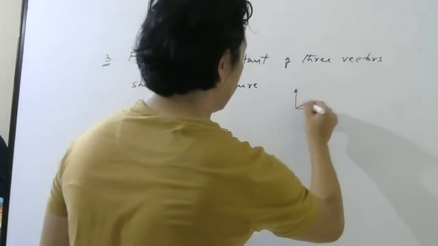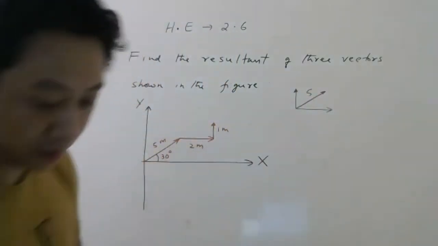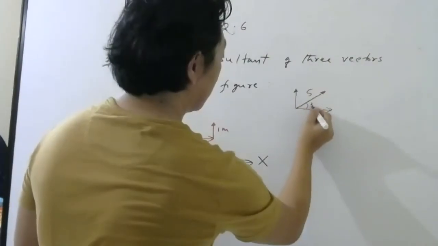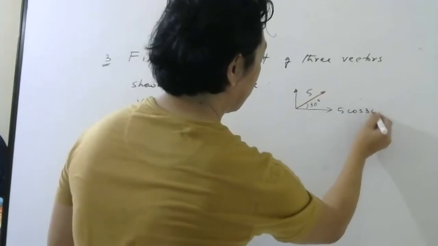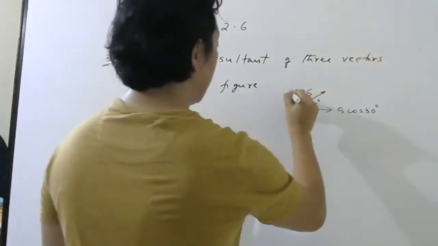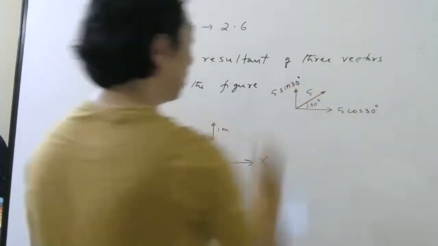This is the actual vector which they gave. After taking components, they have shown here 30 degree. So this will be 5 cos 30. This will be your x component, and this will be 5 sin 30. This will be your y component.